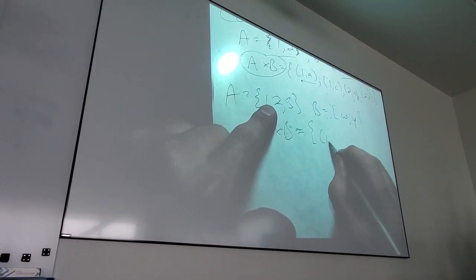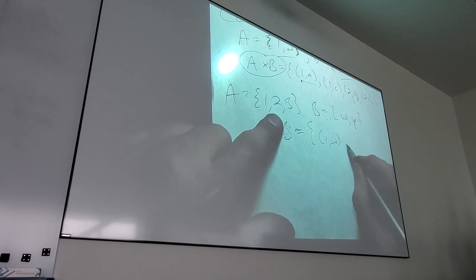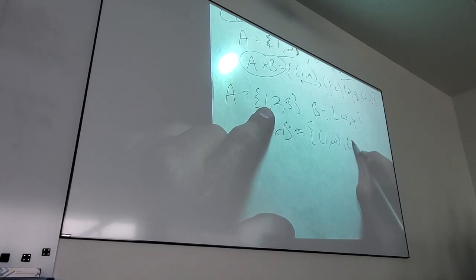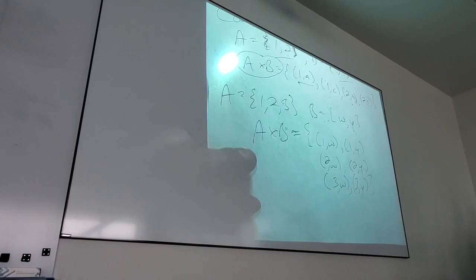It would be (1, W), sorry, (1, Y), (2, W), (2, Y), (3, W), and you just keep going down, like following along.